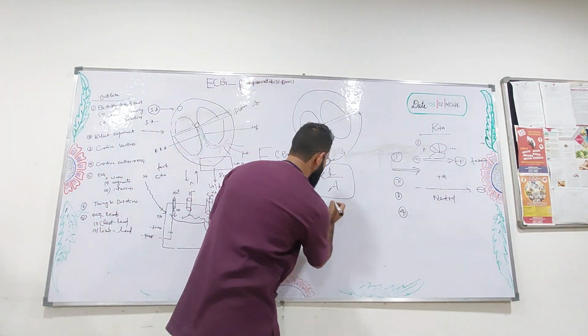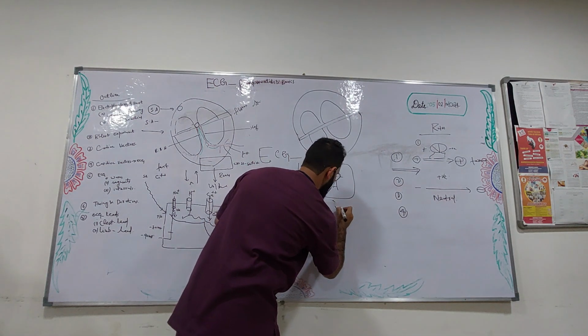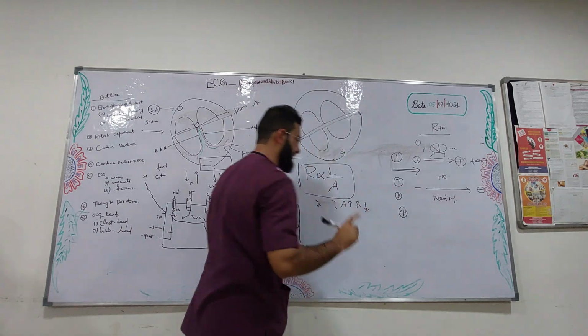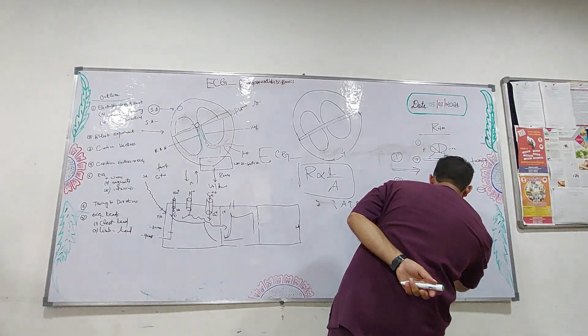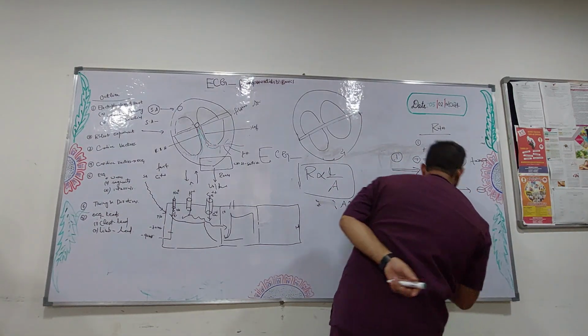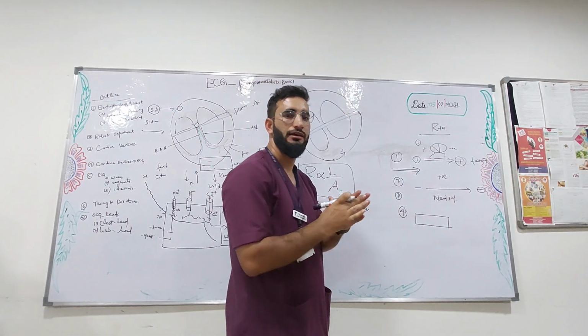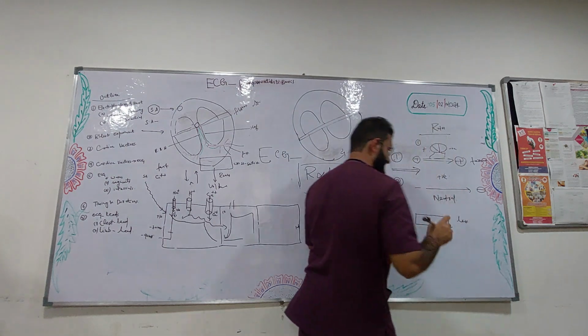When area increases, resistance will decrease. For example, we have this piece of myocardium. Its thickness is less.